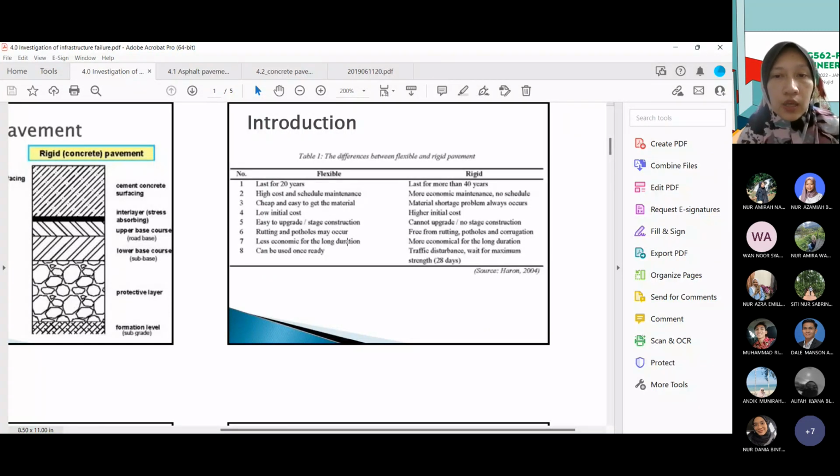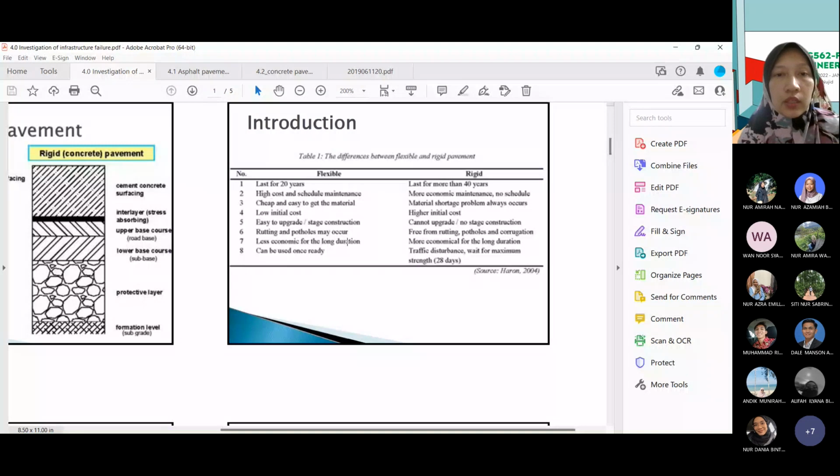So similarly, if you have a pavement or any kind of highway made of concrete, you have to wait until the concrete is stiffer, or reaches the certain concrete design strength at 28 days. But for flexible pavement, once it is done, it's ready to be used.